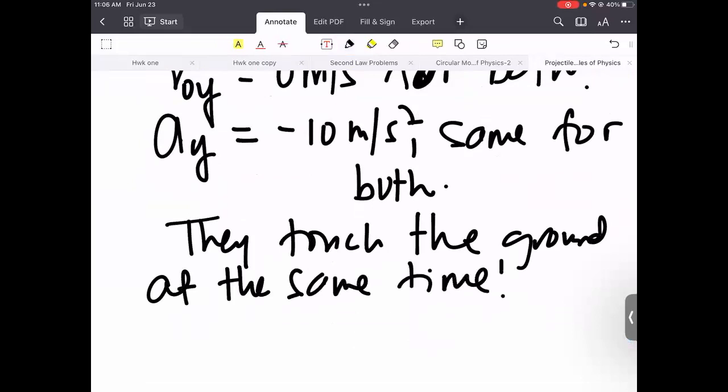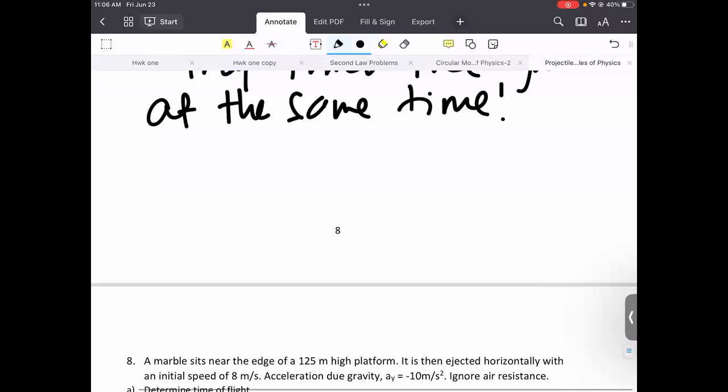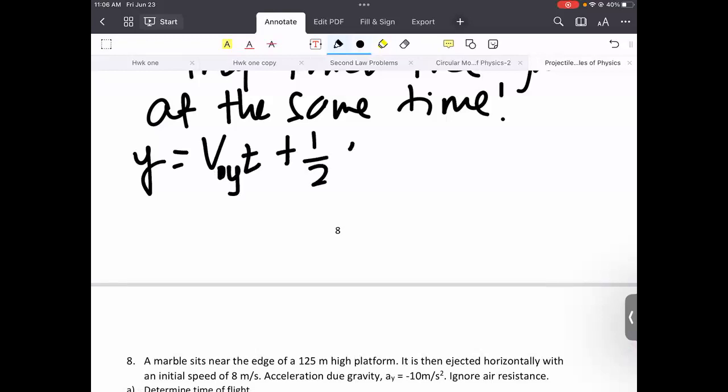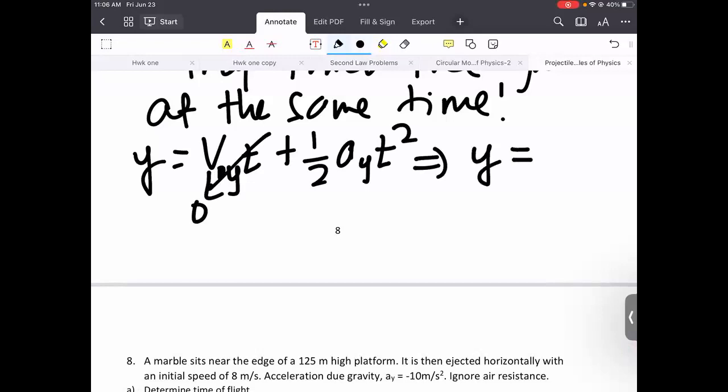If you want to use some mathematics, you can remember that y is equal to the initial velocity in the y direction times time, plus 1/2 the acceleration in the y direction times t squared. Since the initial velocity is 0, that term goes to 0, and you end up with y equals 1/2 a_y t squared.